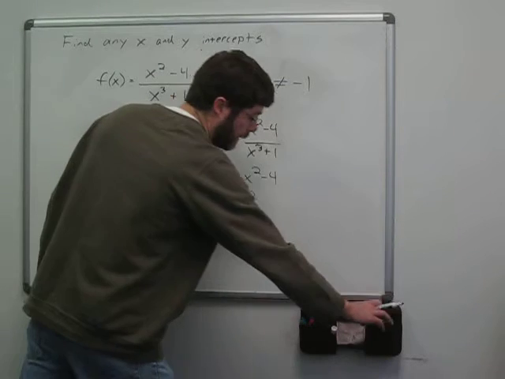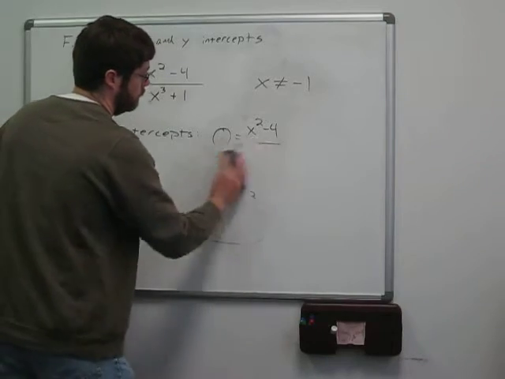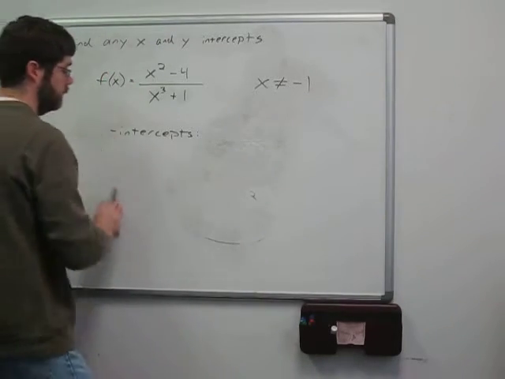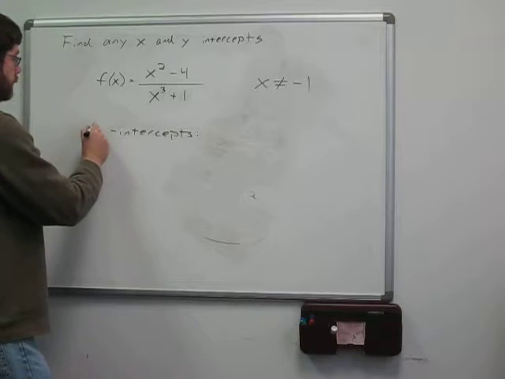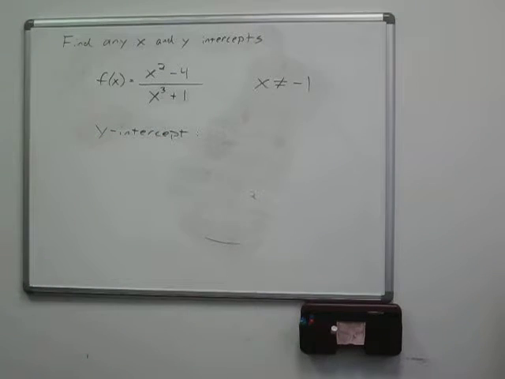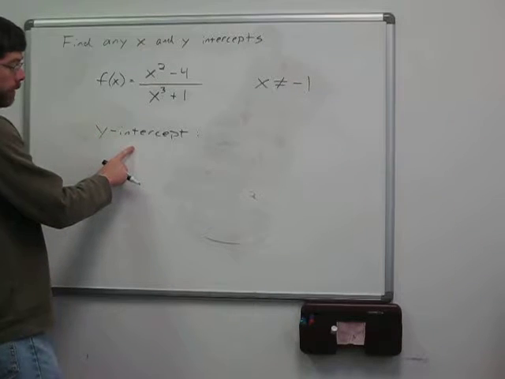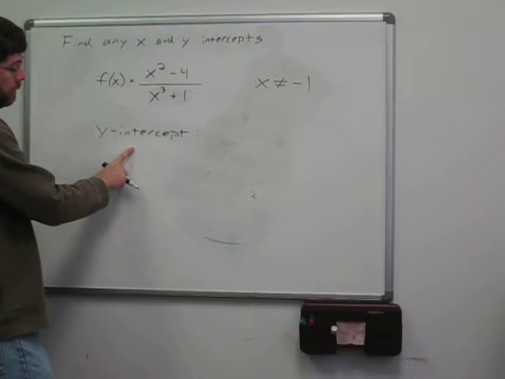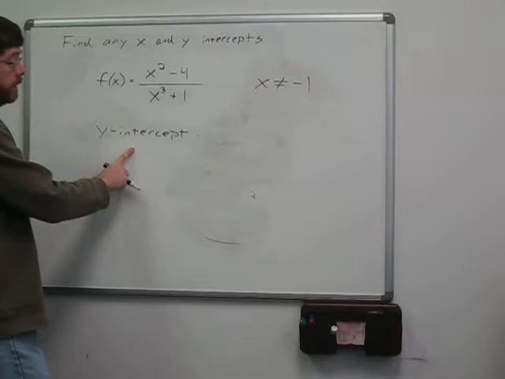Let's move on to y-intercepts, or intercept rather, because a function can only have one y-intercept, if any at all. A y-intercept is where a graph crosses the y-axis, so the x-coordinate is going to be 0.